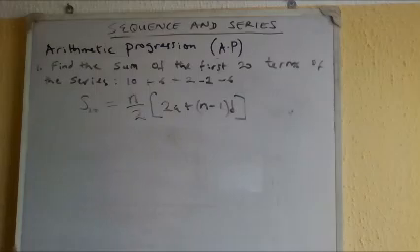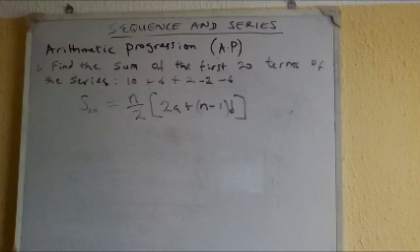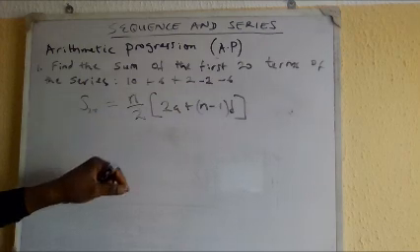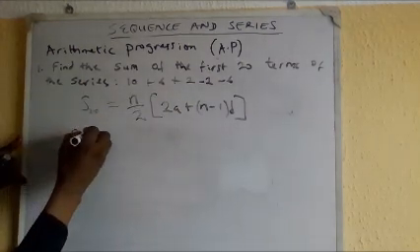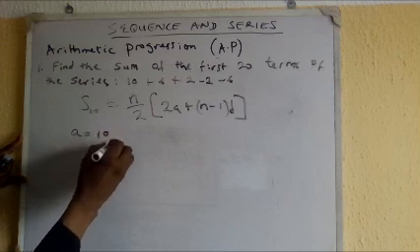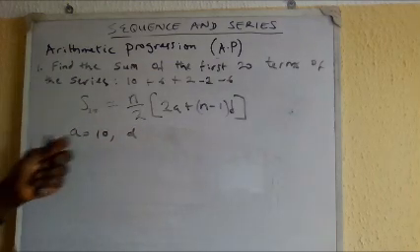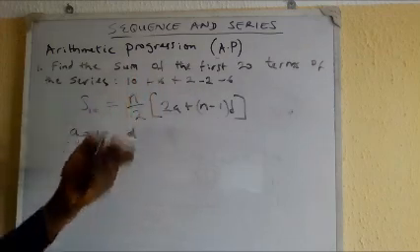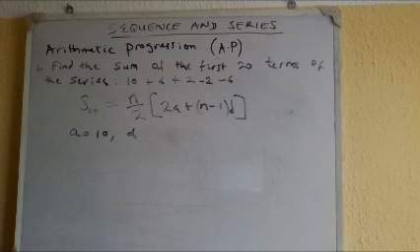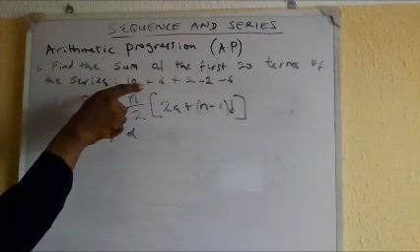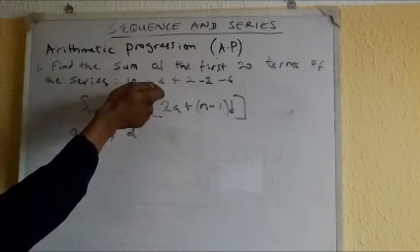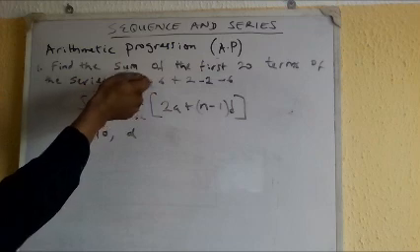At this point, we need to know what we are looking for. What's our a? Let's define our terms. Our parameter a is 10. What's our d? Our d is this one minus this, or this minus this. Note how I'm going. It is the higher term, or further term, minus the preceding term.